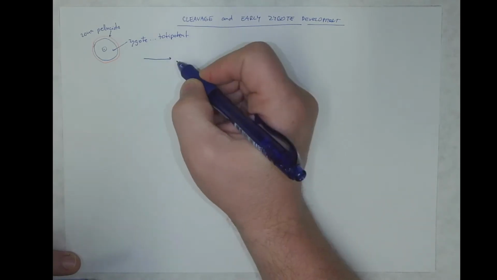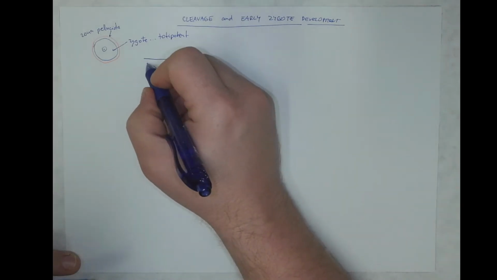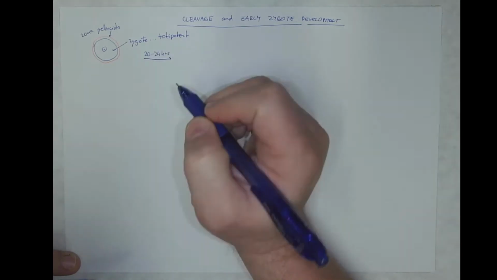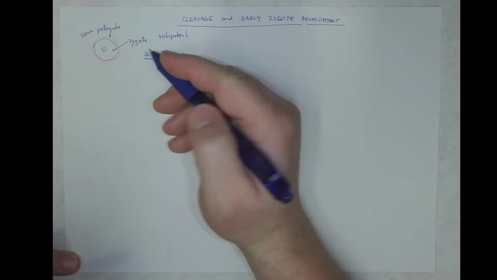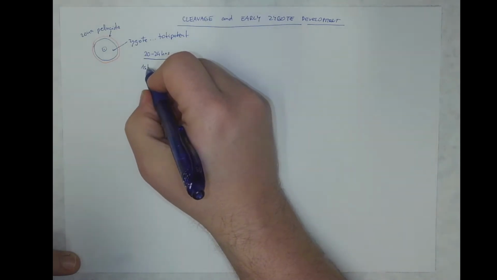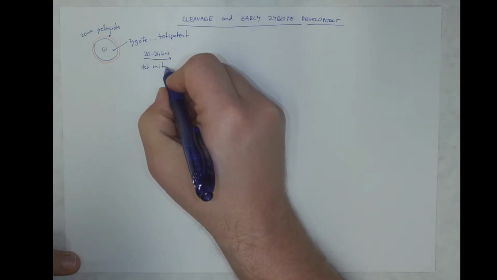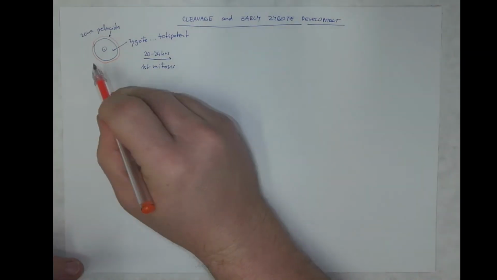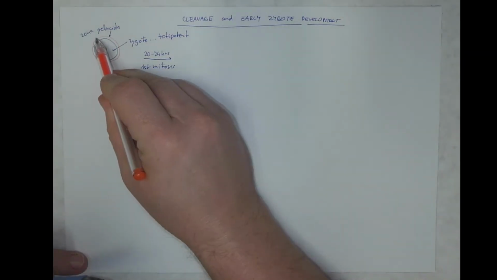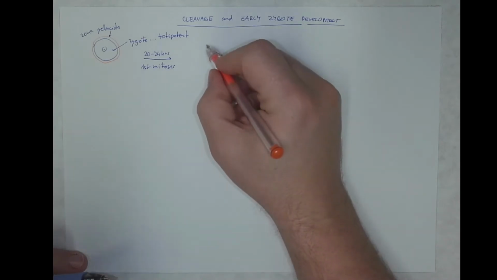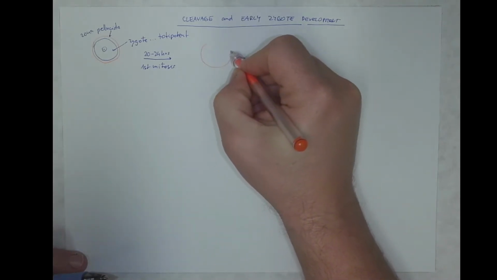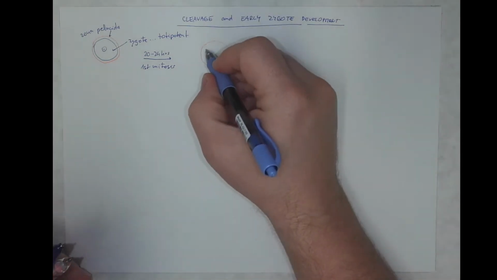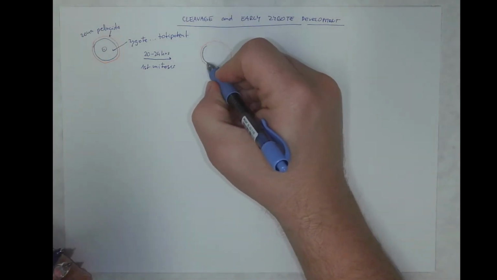Now, during the first 20 to 24 hours, it undergoes its first mitotic division. As the daughter cells will still be kept inside the zona pellucida, which is kind of a rigid envelope, they need to be smaller than the mother cells.